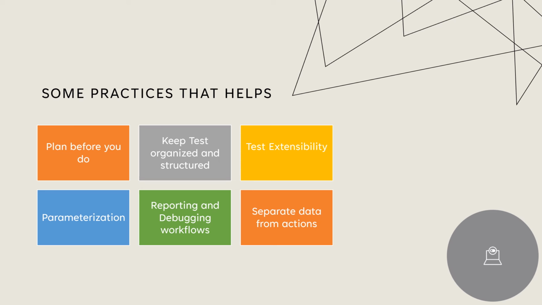Another point is to keep your test organized and structured. In the case of JMeter, they have their own plans. You have to create a test plan, under that create a thread group, and then you can generate the requests.